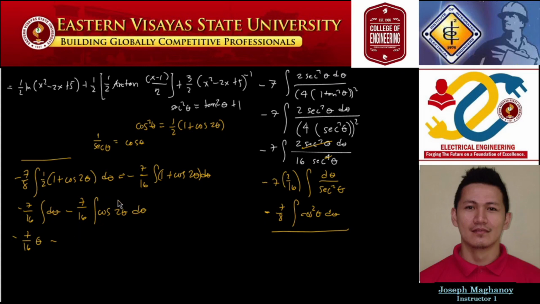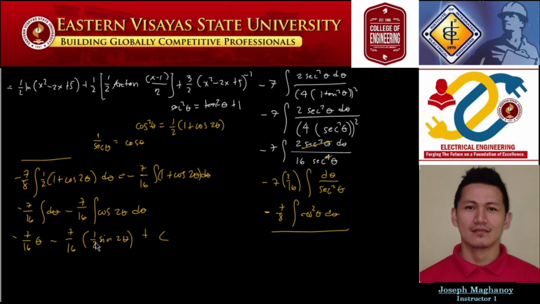Well, in our second term, that is negative 7 over 16, the integral of cosine 2 theta, that is 1 half sine 2 theta plus c. But we need to further simplify 1 half sine 2 theta.